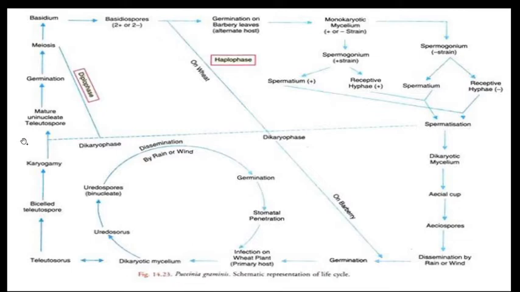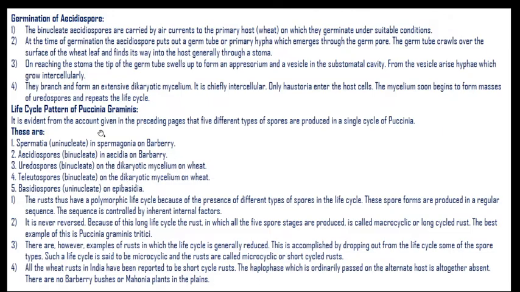This is the diagrammatic representation which shows diplophase, haplophase, and dikaryophase. This complete life cycle is on a barberry plant, while this other part depends on the first host, that is wheat. Here is the germination process of aeciospores.